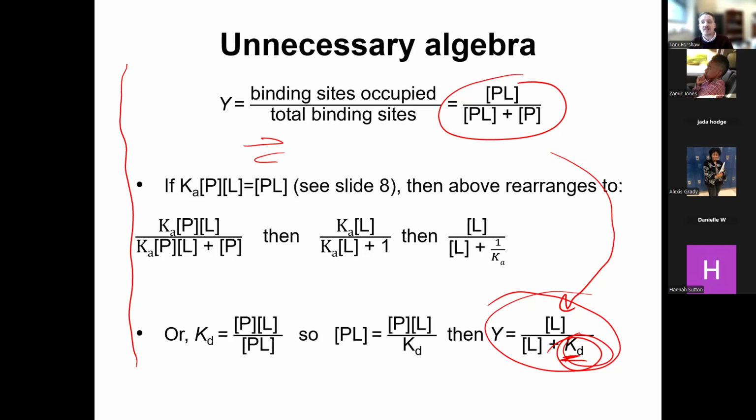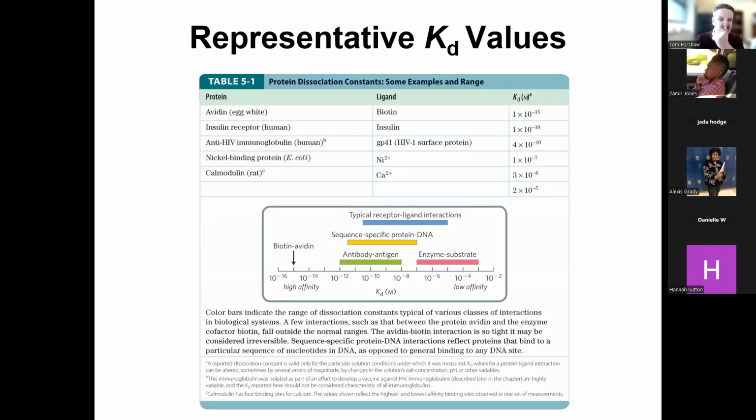In 2 slides' time, there's something that simplifies it a little bit. But just to make sure that it's clear to you guys, what KD is measuring is the extent of dissociation. It's measuring how much it wants to break apart. And if that number is big, then it wants to break apart a lot. And if that number is small, then it wants to break apart a little.